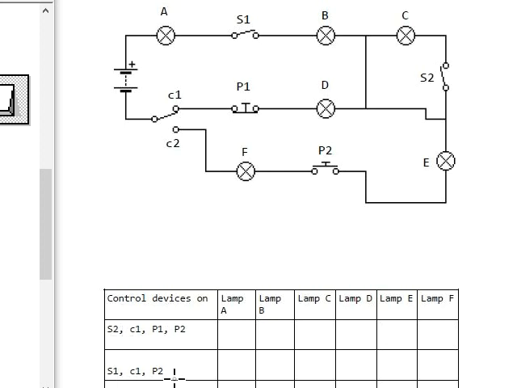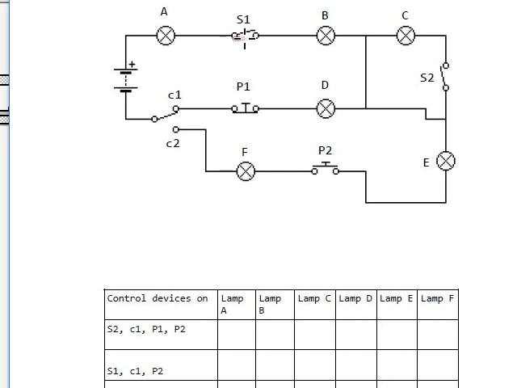In this case, we imagine that we're going to close switch number 1. The two-way switch C1 means that we leave it here, and P2 means that we're gonna push this push button. When you are solving this on paper, the best thing you can do is take a pencil and draw the switches that you are closing.